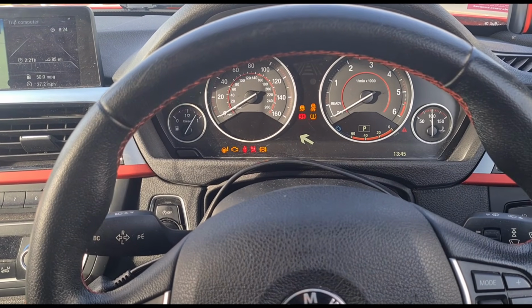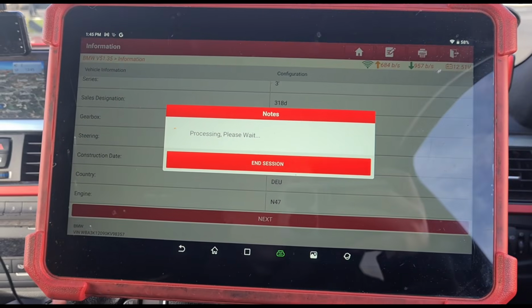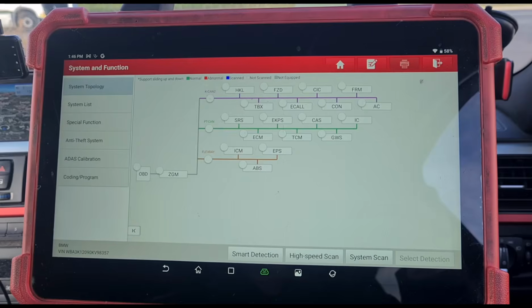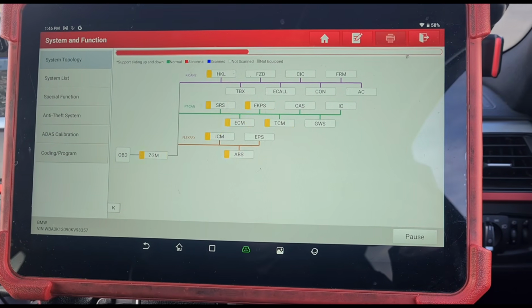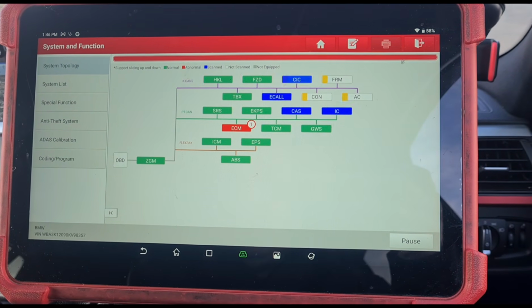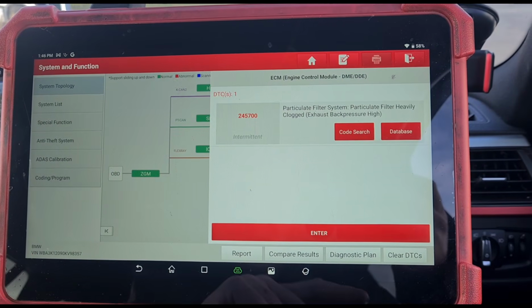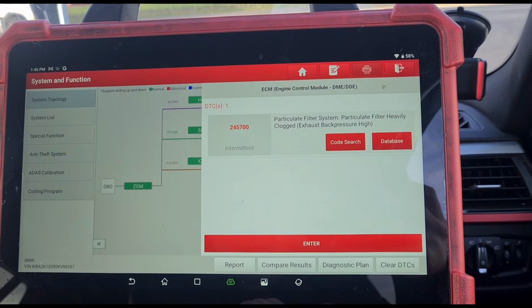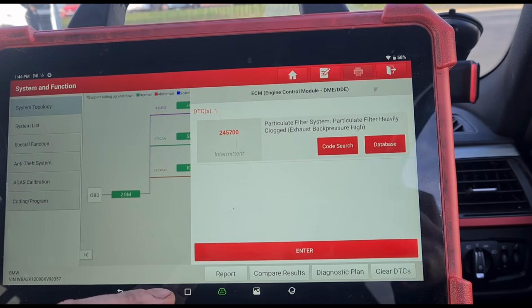Now let's turn it back on. Okay, now we can do a high-speed scan. Let's see what faults we have. Just the one. That is particle filter heavily clogged. Exhaust back pressure is high.